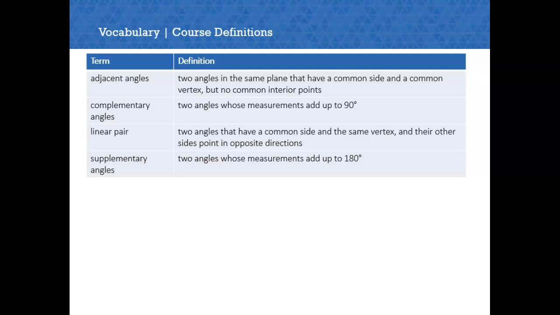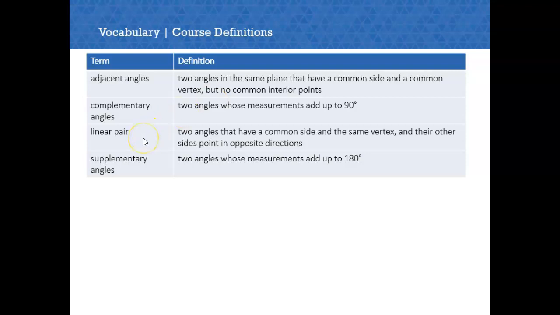Some important vocabulary to know. Adjacent angles are two angles in the same plane that have a common side and a common vertex, but no common interior points.